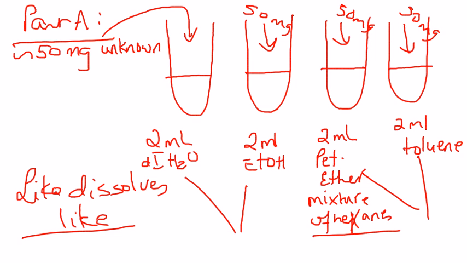Okay, it's a good idea to put the weighed sample first, so that you are making sure that all of the solid kind of goes and sits at the bottom of the test tube, and then fill it up with the 2 milliliter solvent.